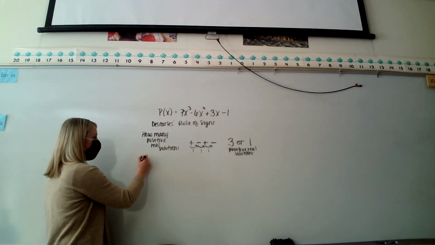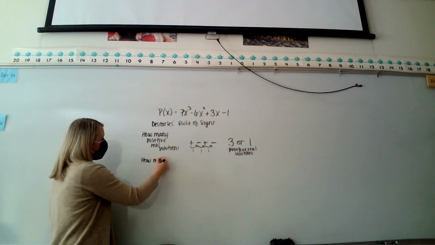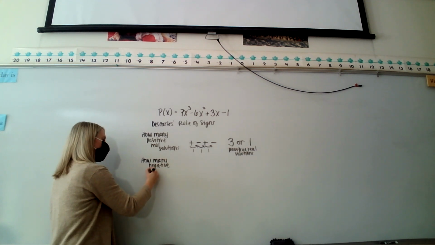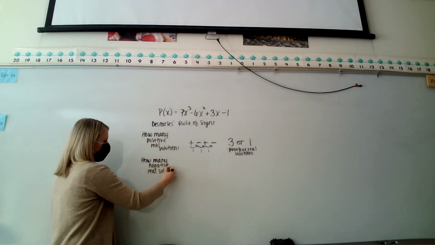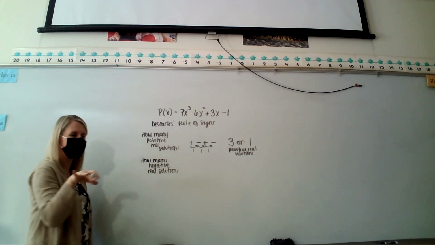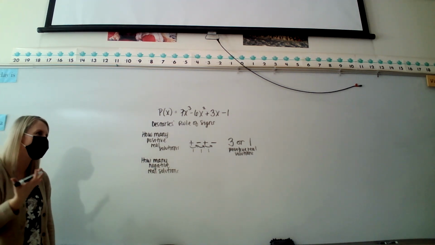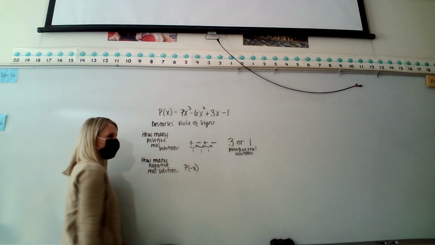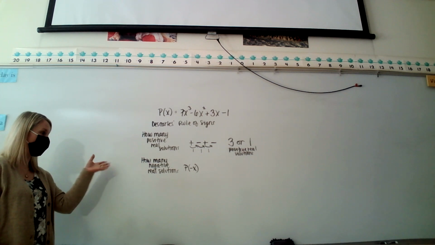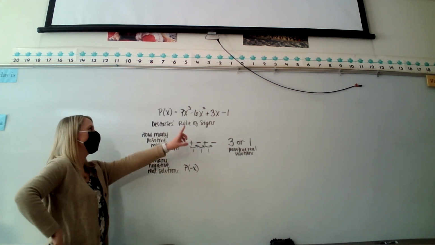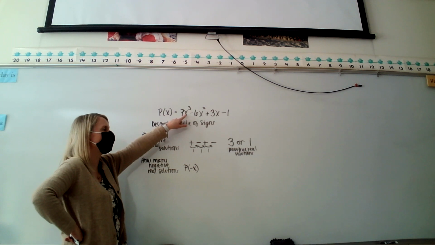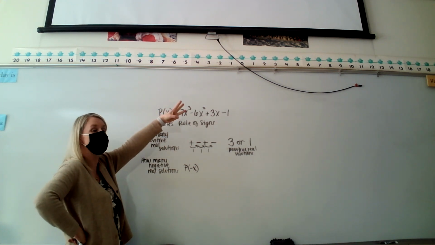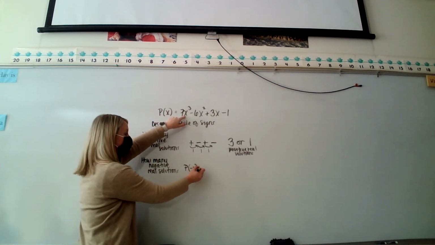So if I said how many negative real solutions are possible, this one you have to do a little bit of work. It's more just thinking in your brain. When you think about your polynomial, think about plugging in negative x. I kind of just try to do it in my head, but you can feel free to write it out if you want to. So if I plugged in a negative here and I cubed it, a negative times a negative times a negative is a negative, right? So this first term would actually turn negative.